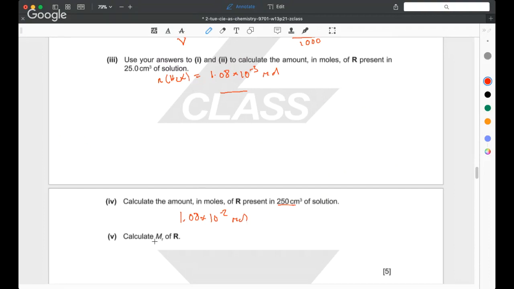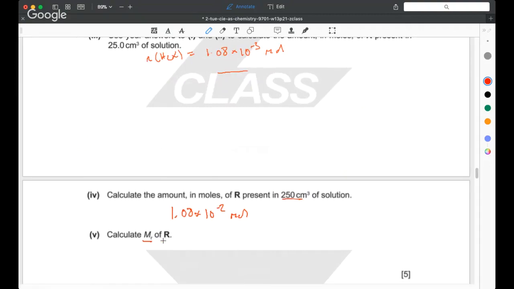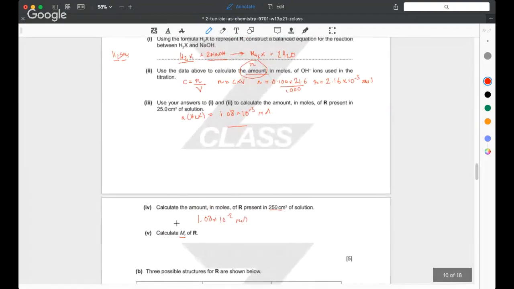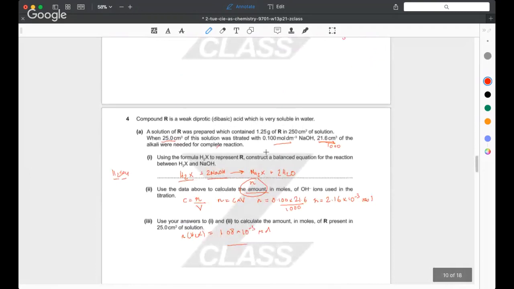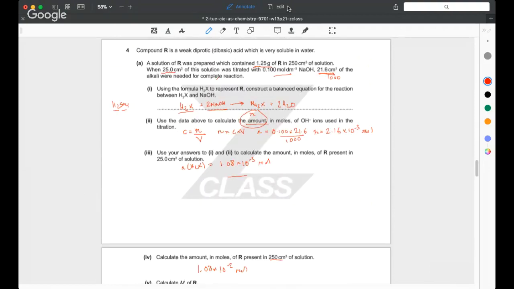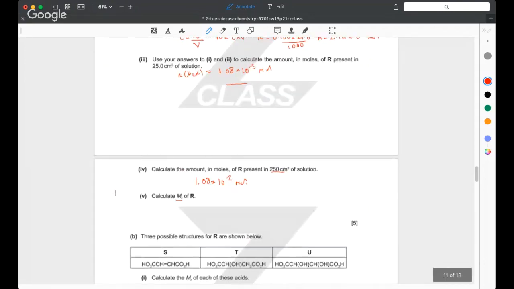Now this last step, you've got to calculate a relative molecular mass. And just look back here. We were told in the question that 1.25 grams was originally dissolved, wasn't it? Okay, so down here, we know that 1.25 grams contains that amount, which is 1.08 times 10 to the minus 2 moles.